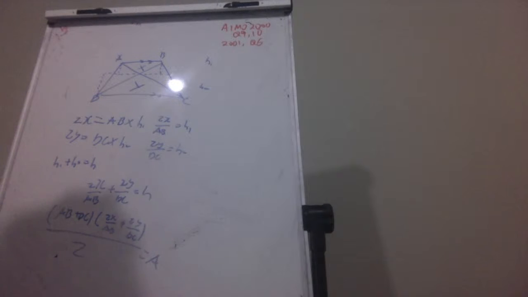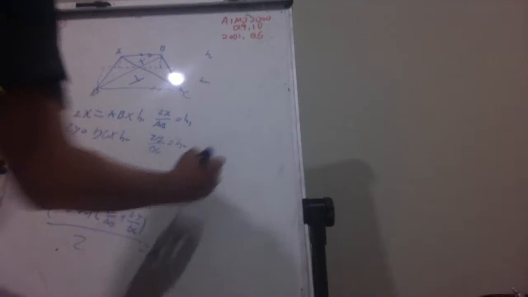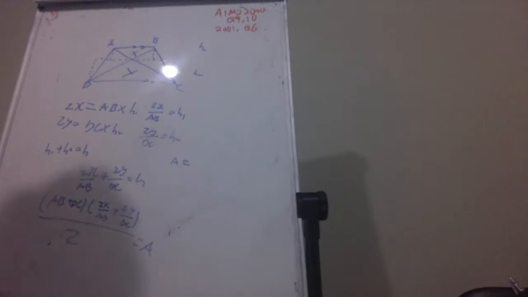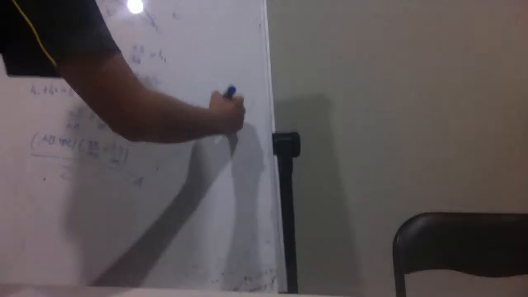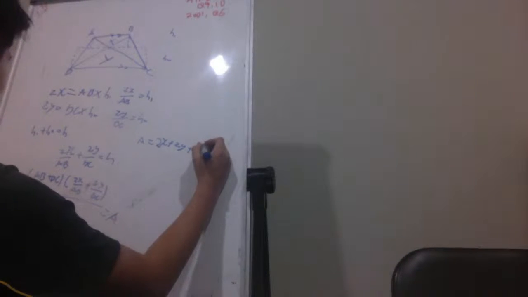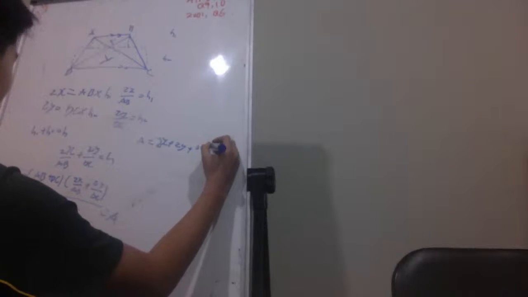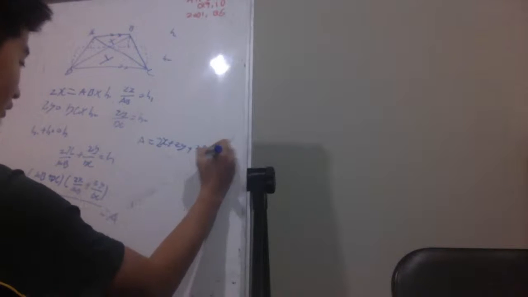Then we can simplify this. We can write the area as AB plus DC multiplied by 2x over AB plus 2y over DC, times 1 over 2. You could cancel the 2's at the start if you wanted to save some time.